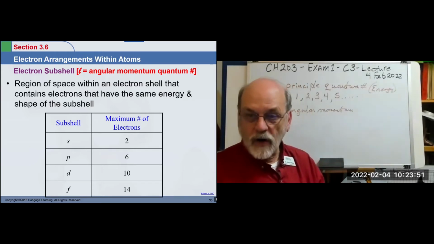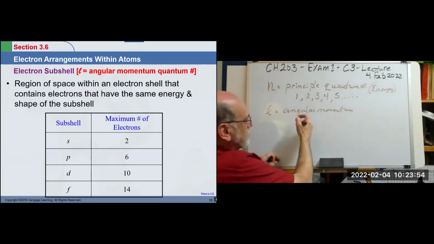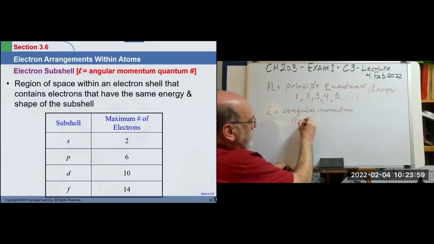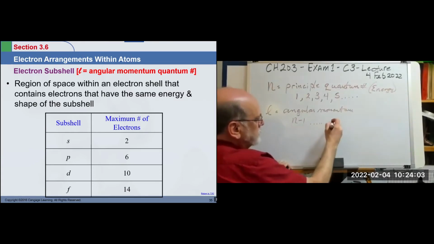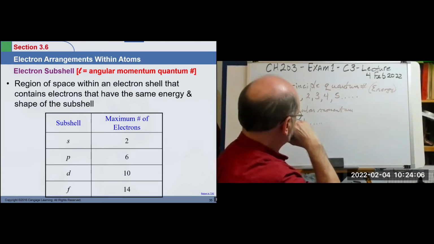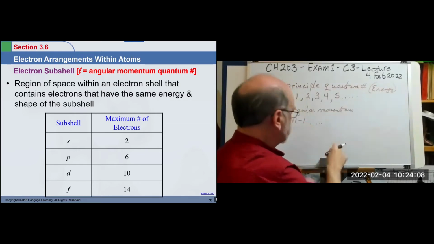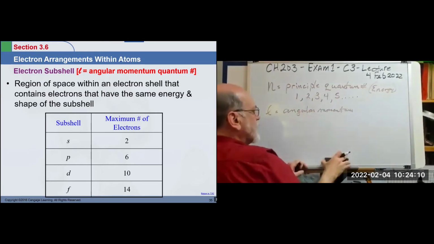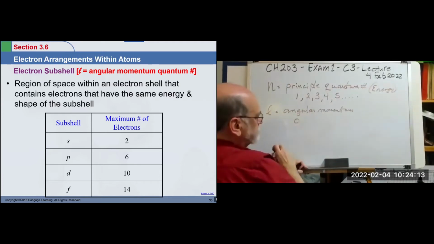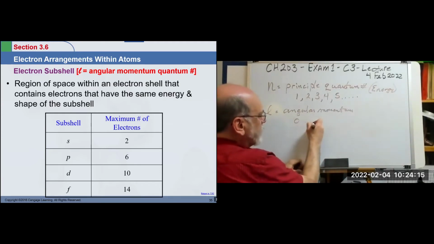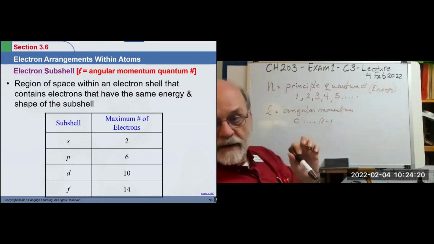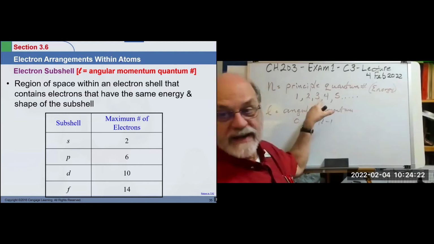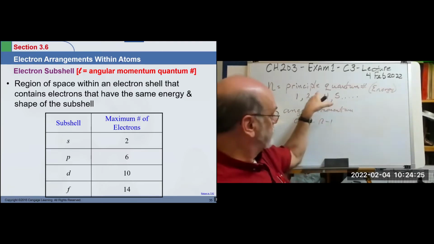Depending on what N is, the L can only have certain values. L starts off at 0 and is incremented up to N minus 1. So let's say we're at N equals 3.